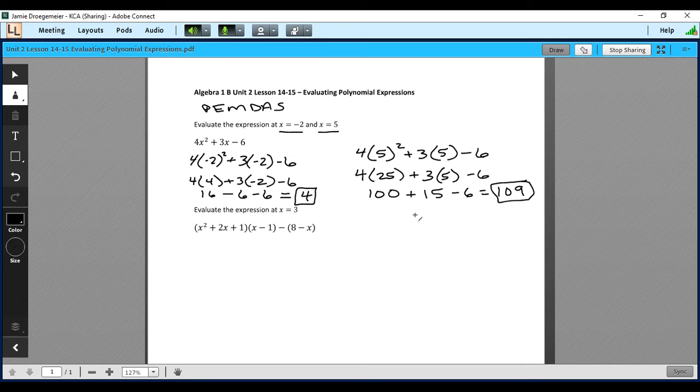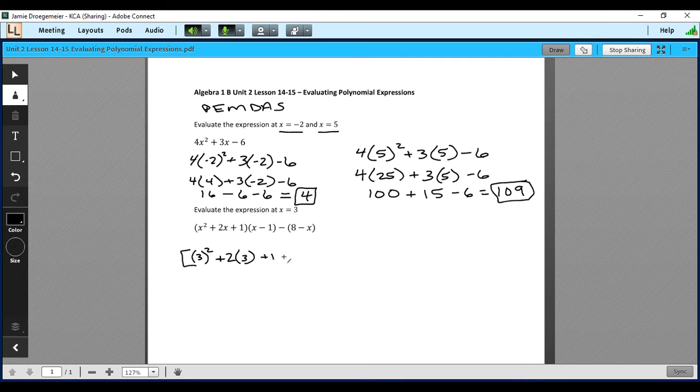All right, and then our last one here, just a little bit more complicated polynomial. And we want to evaluate this expression at x equals 3. Well, we're still going to go through the same steps here. I'm going to plug in 3 for x. So I've got 3 squared. And then I have 2x, which would be 2 times 3.